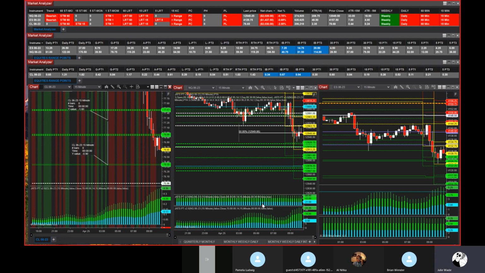NQ just sitting flat in the middle of its hourly range from 10 to 11, this distribution. Get a new distribution here. Hang on. Right there.